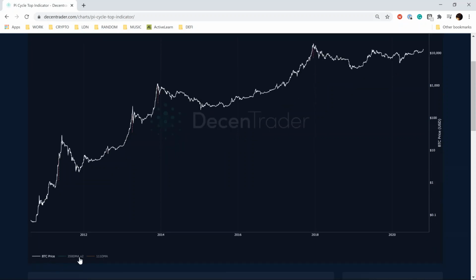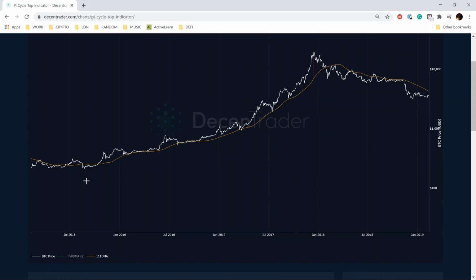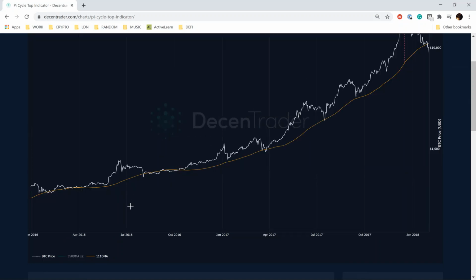Right, so how does this indicator help us? Well, it uses 2 simple moving averages. The first of which is the 111-day moving average, which is one that I like to use particularly in bull markets because it tends to offer a pretty good buy the dip opportunity at times. You can see last cycle here, price would come back to this moving average and it gets hit quite often.